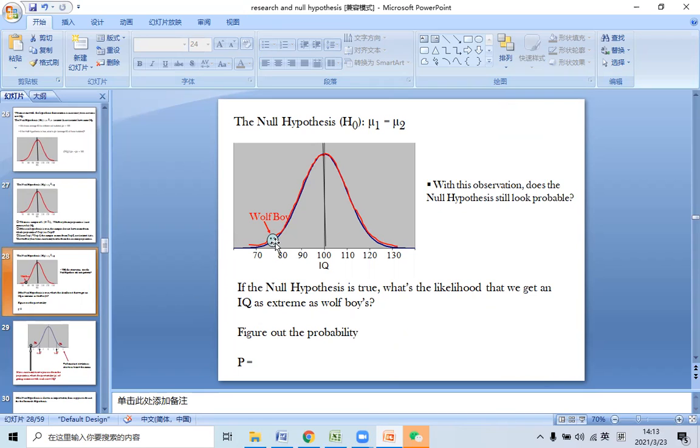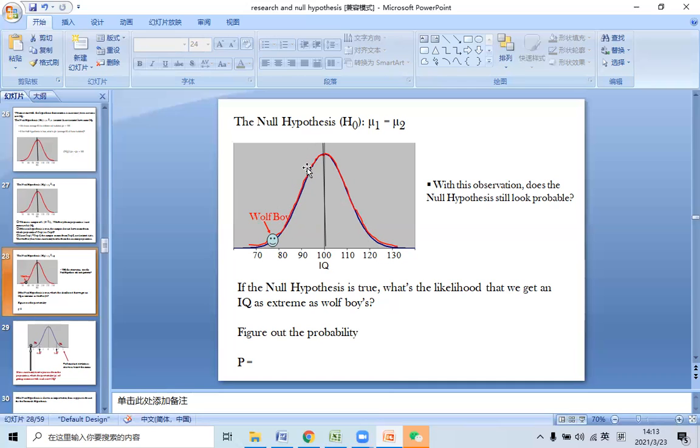If the probability of observing this wolf boy's low IQ is really low, then the null hypothesis does not look very probable.